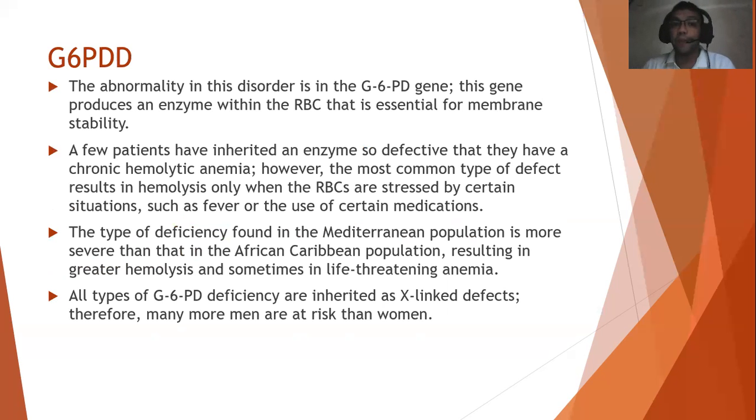This is an abnormality in the G6PD gene. So this gene produces an enzyme within the RBC that is essential for membrane stability. A few patients have inherited an enzyme so defective that they have a chronic hemolytic anemia. However, the most common type of defect results in hemolysis only when the RBCs are stressed by certain situations.